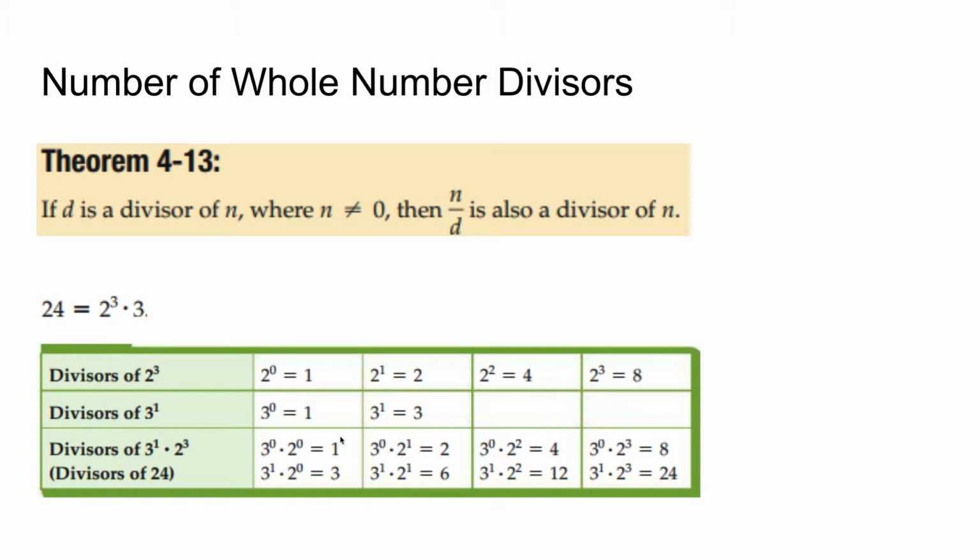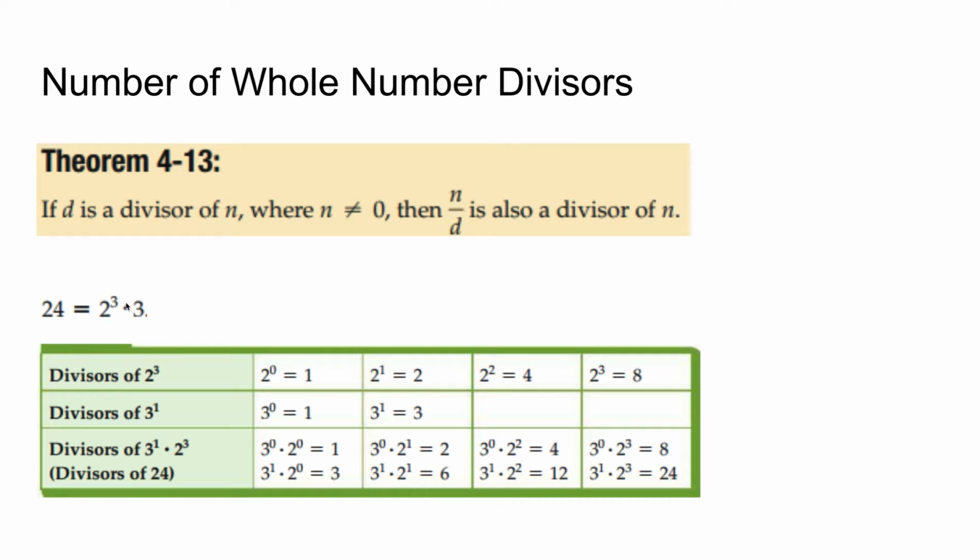So we can see that for divisors of 3 to the 1 power times 2 to the 3rd power, we can think about all of these by just multiplying the number of factors here, 4 factors, times the number of factors of 3, which is 2. So that's the number of divisors for 24. So what did you find as the relationship between the powers of the prime factors and the number of factors of this whole number?